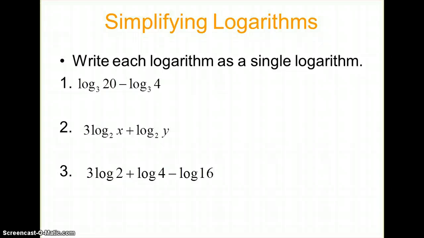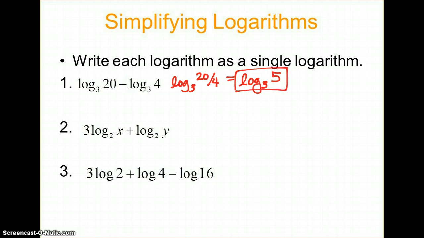So my quotient would be to take the log base 3 of 20 divided by 4. Now 20 divided by 4 can be simplified. So we're going to do log base 3, 20 divided by 4 is 5. So as a single logarithm in simplest form, I get log base 3 of 5 instead of log base 3 of 20 minus log base 3 of 4.